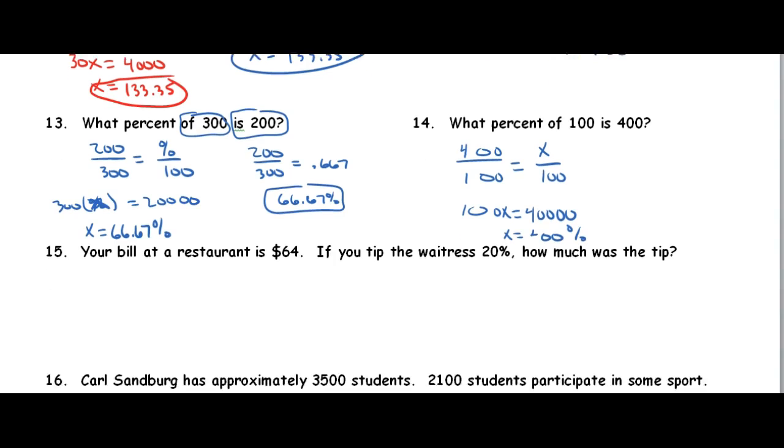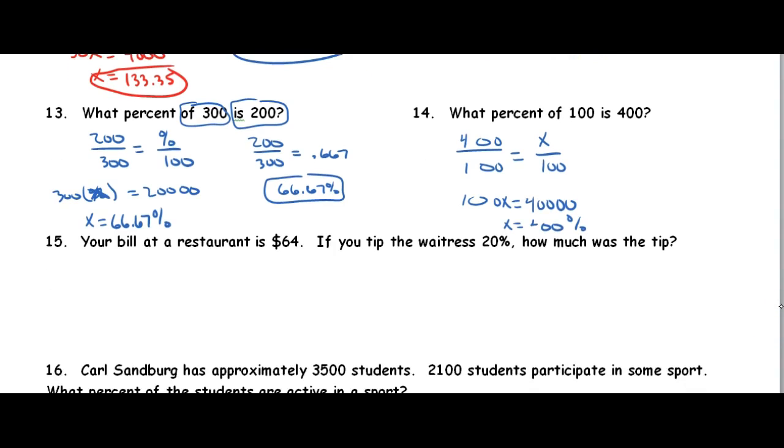Now, number 15. Your bill at a restaurant is $64. If you tip the waitress 20%, how much was the tip? The way I like to think of it is 20% of 64 is how much? Now, instead of setting up a proportion like we did up here, it's much easier to know.